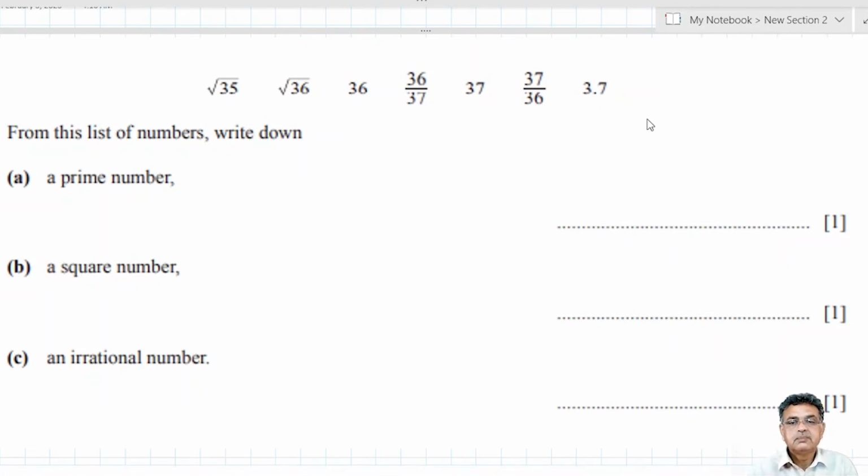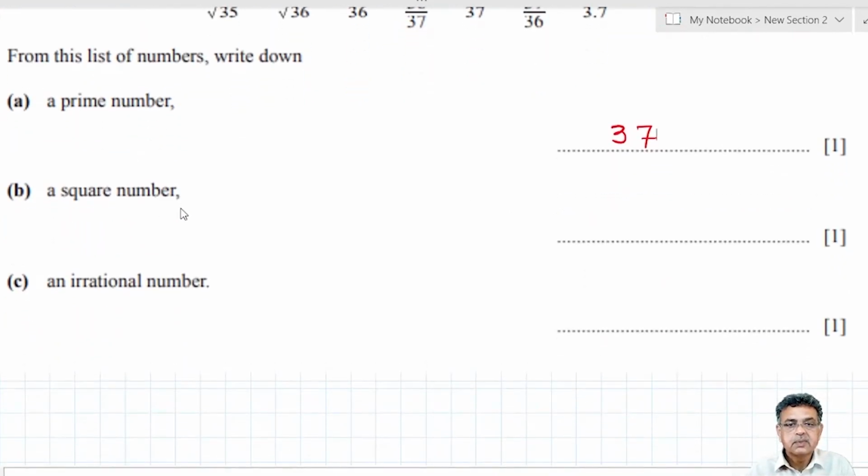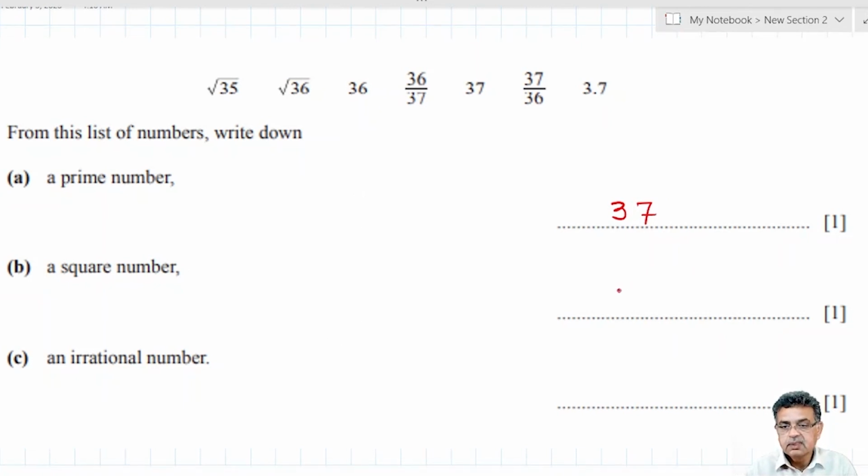So the only number left is 37. So 37 is the prime number. Second, a square number, which is a perfect square, and I think it's very easy to find, that is 36. So its answer is 36.